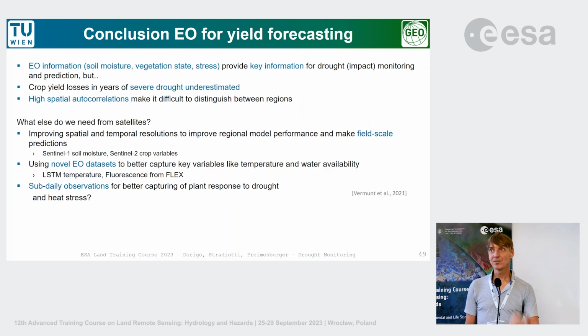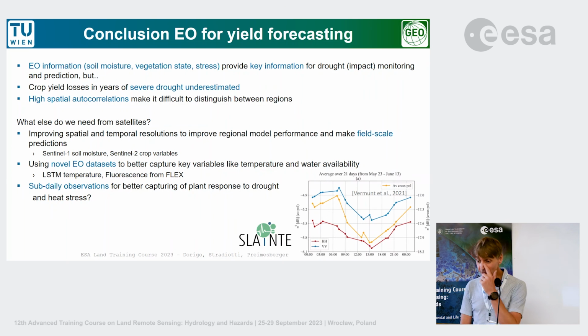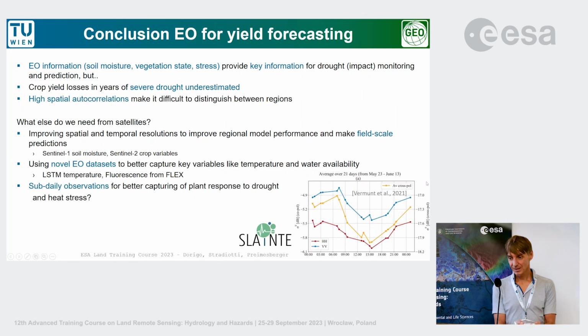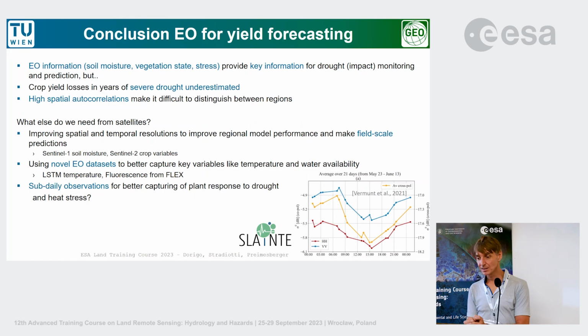So there's a lot more potential still in improving such forecasts with the novel Earth observation satellites, also the upcoming ones like LSTM, the FLEX mission, maybe SIMR, which is a passive microwave signal. And one of the things we're working on currently, and Emma as well, who is in the room, is that there is a very strong reaction of plants at the sub-daily time scale.